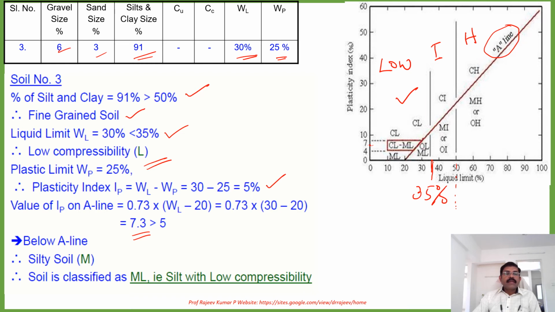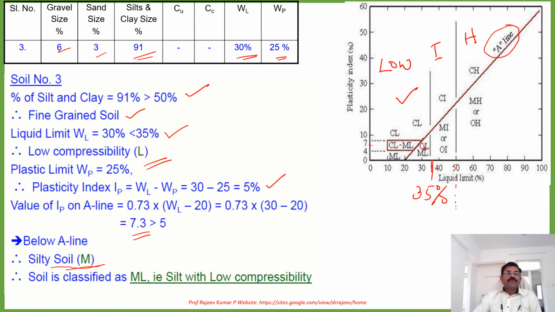The symbol corresponding to that is M. So low compressibility it has, but the value coming under the A line is 7.3, and we are getting 5, somewhere here.